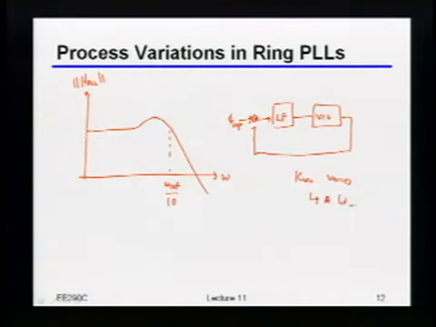If the KVCO can vary quite a bit, what's going to happen if the KVCO got larger and I set my nominal loop bandwidth to be 1/10 of the reference frequency? What's going to happen if I increase the KVCO? It can be unstable.